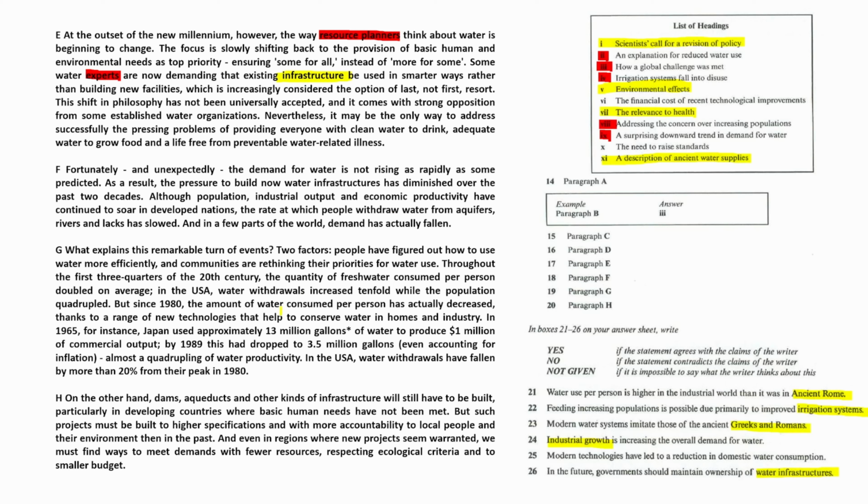If you try to find it, then I hope you'll find it. But the thing is, we need to find something about industrial growth first, right? This is the main keyword for question number 24. And only after the answer of question 24 appears, there will be the answer of question number 26, because this is a follow-up question. Yes, no, not given question is a follow-up question.